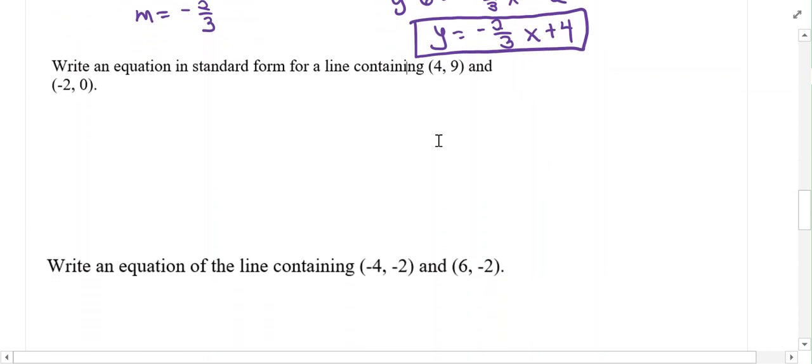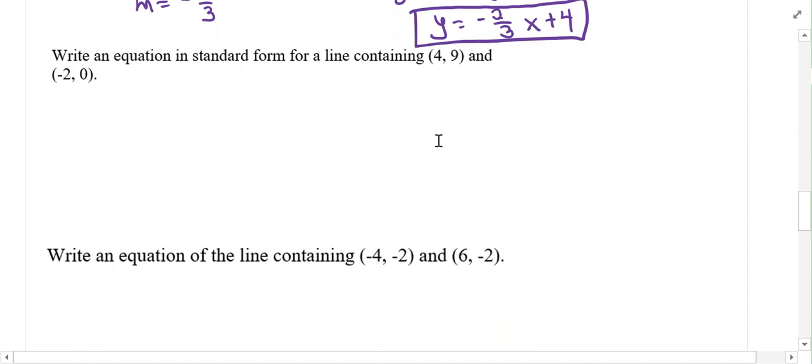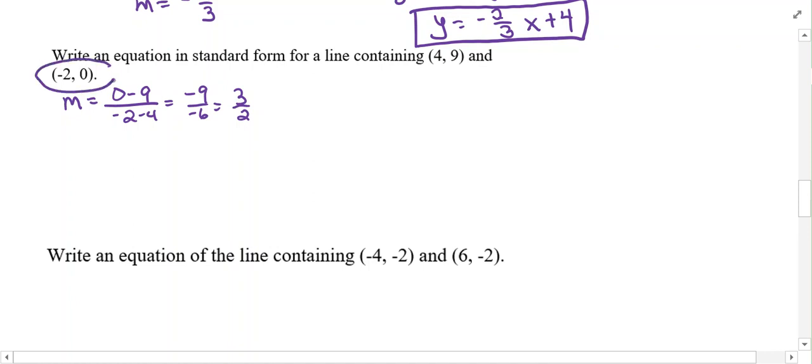Write an equation in standard form for the line containing the points (4, 9) and (-2, 0). First thing is the slope. So -9 over -6, which would give me a slope of 3/2. I'm going to pick one point, and I'm going to pick the point (-2, 0).